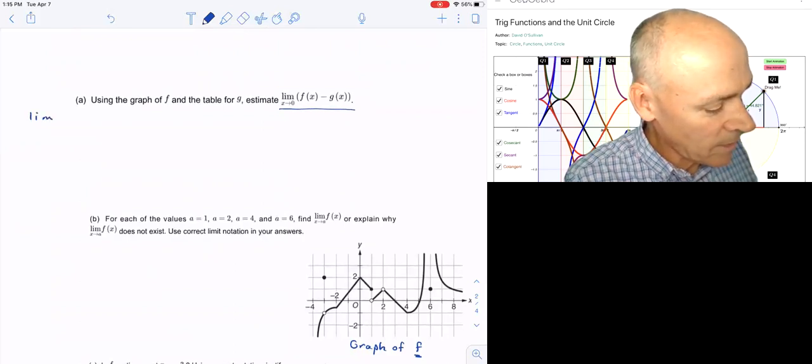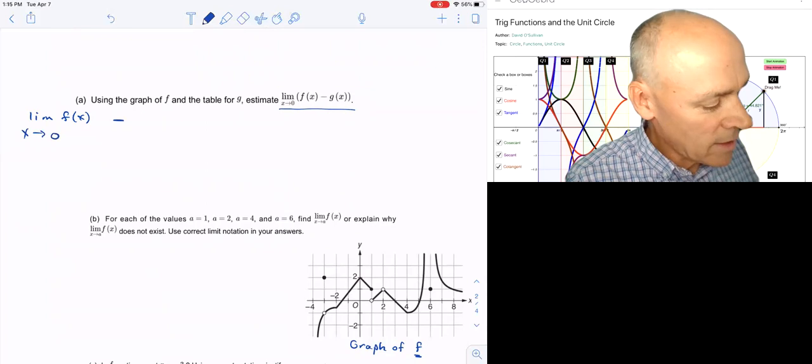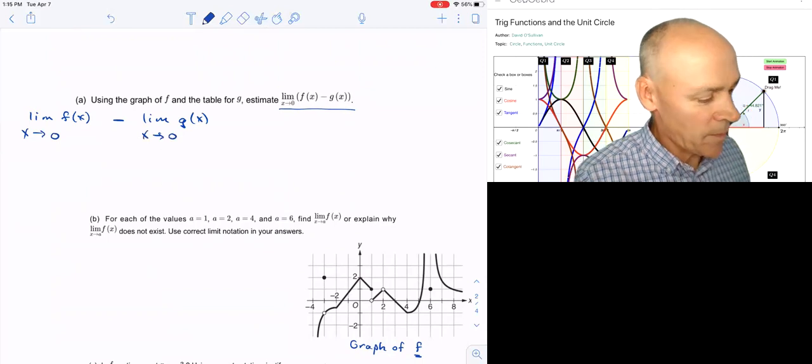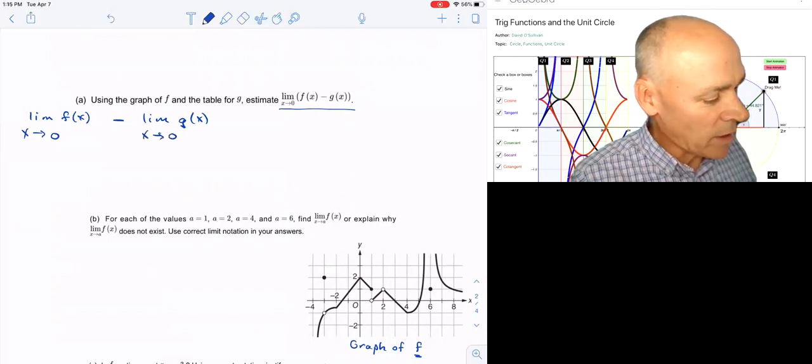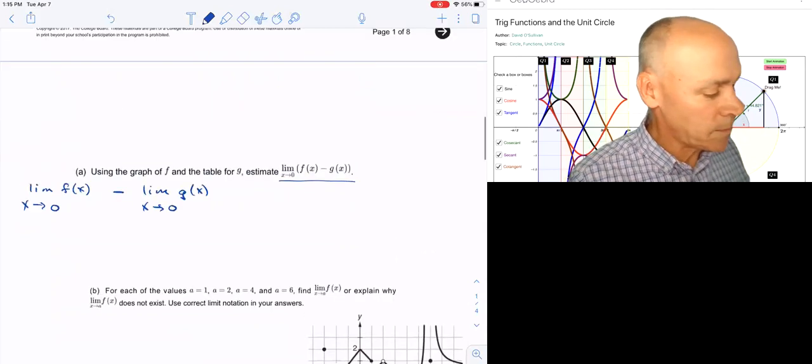The limit of f of x as x approaches 0 minus the limit of g of x as x approaches 0. Now I'm looking for this first part, the limit of f of x as x approaches 0.